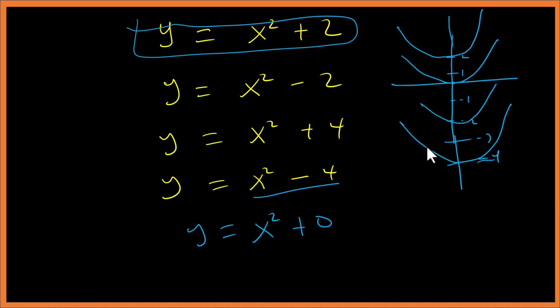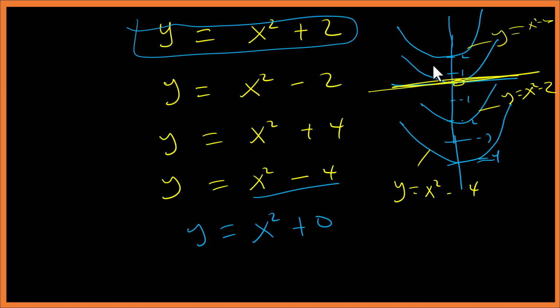All right, so we have y equals x squared minus 4, y equals x squared minus 2, and this side is y equals x squared plus 2. This is the origin. Up here is the positive part and down here is the negative part. So this plus 2, minus 2, plus 4, minus 4, they are all constants.